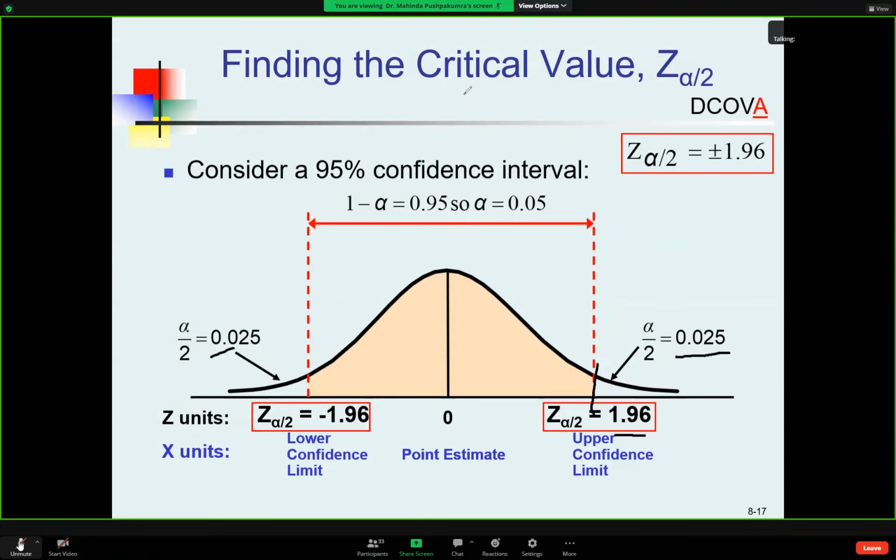Do you have a Z table? Okay, later we will move to the Z table. This is from the Z table. I think you can realize this later.